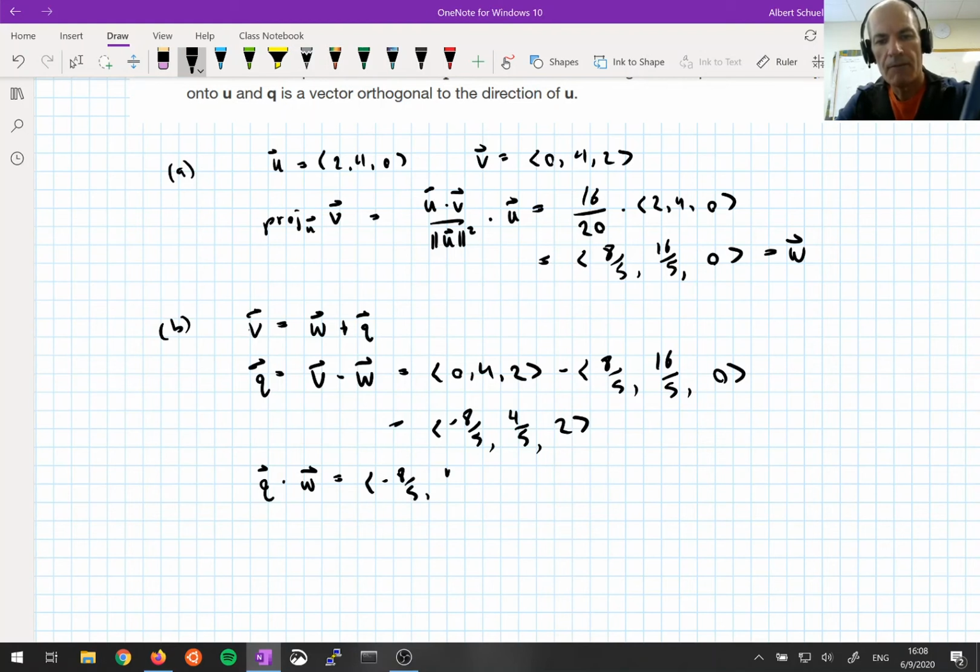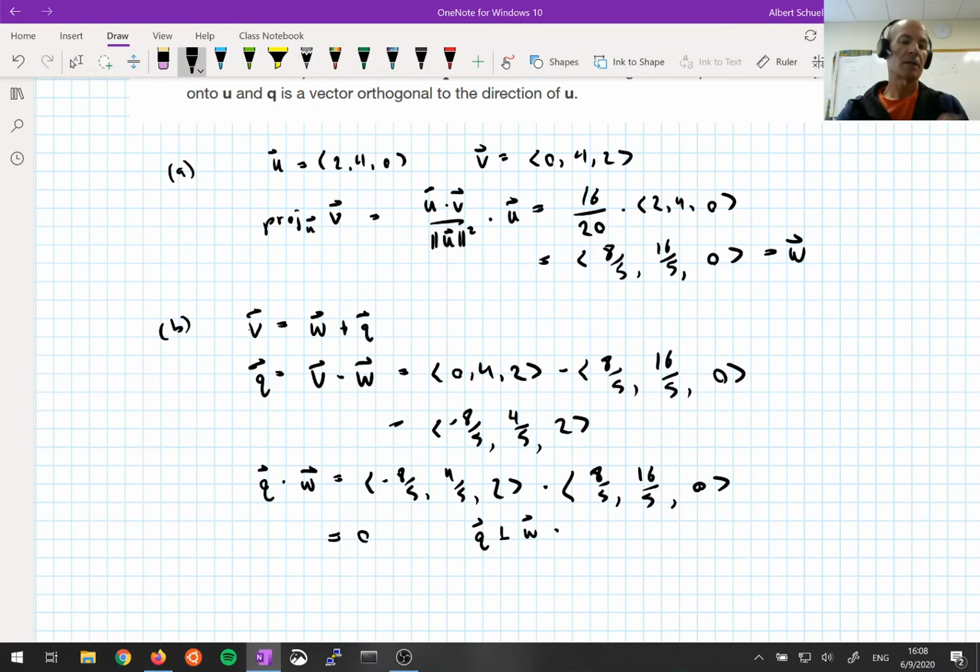Minus 8/5, 4/5, and 2 dotted with 8/5, 16/5, and 0. Dotting these, you get negative 64/25 plus 64/25 plus 0. You get 0, and so we can conclude that q is actually orthogonal to w. This will always happen. If you remove the component of v in the u direction, what's left behind, q here, is going to be orthogonal to u. Really interesting and powerful idea.